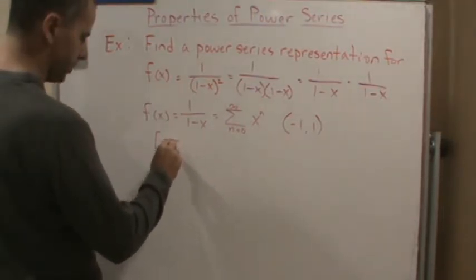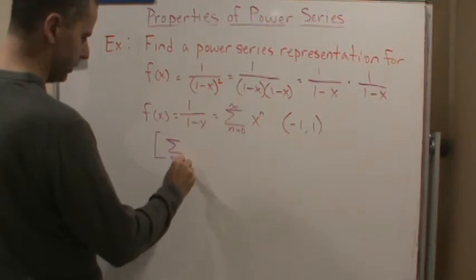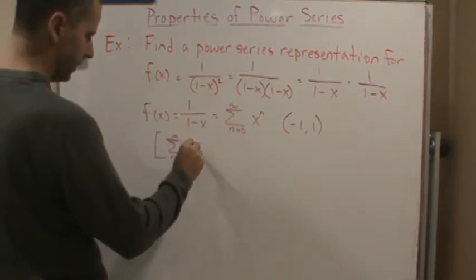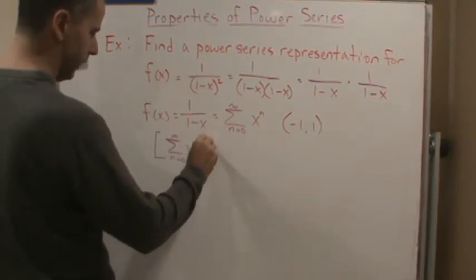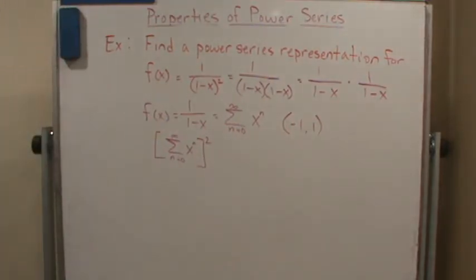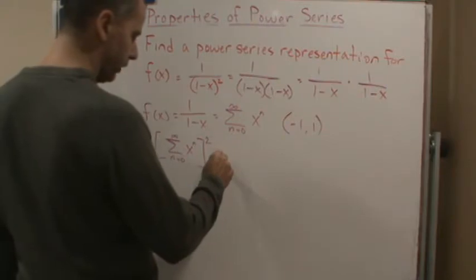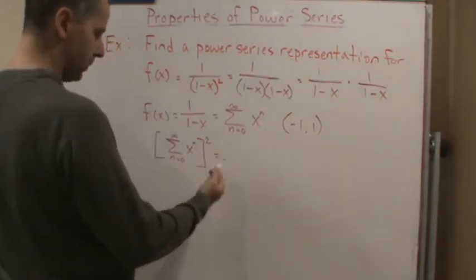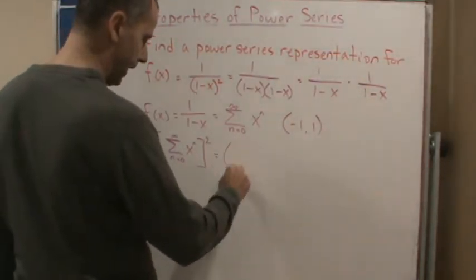So this is good. We're just going to multiply the series from n equals 0 to infinity of x to the n by itself, right? So we're just going to square it, okay? So what does that mean? Well, we're going to multiply it by itself, which means we're going to have something like this.